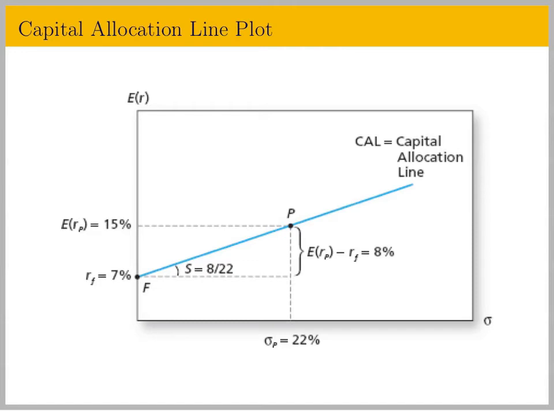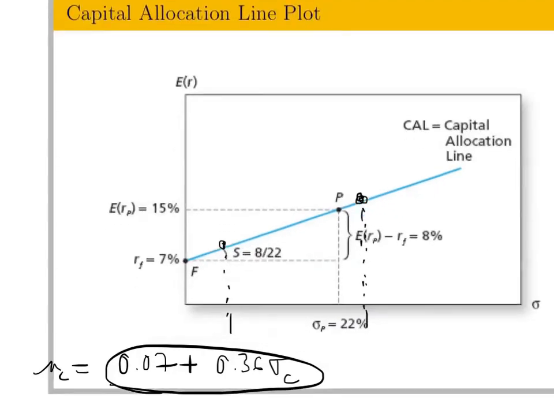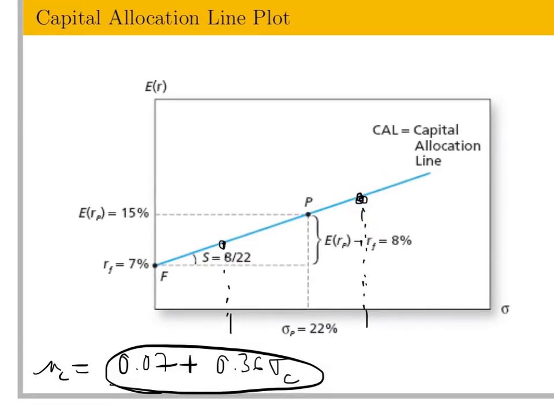Give me a sigma, and I will tell you 0.07 plus 0.36 times that sigma, and that value plots on the line, which is mu sub c. Give me another sigma sub c, and I'll plug it into this equation, and it will give me the value on the line, which is mu sub c.